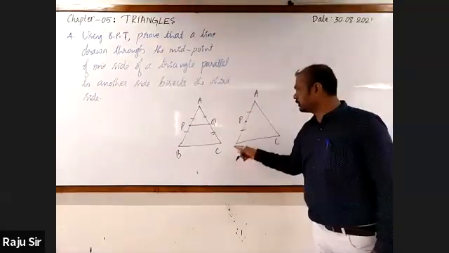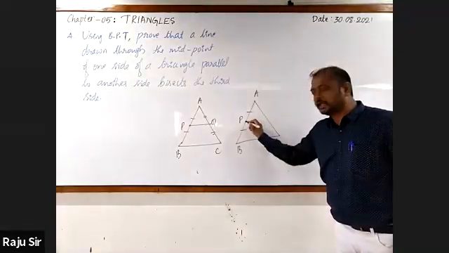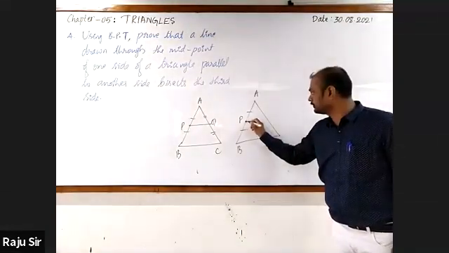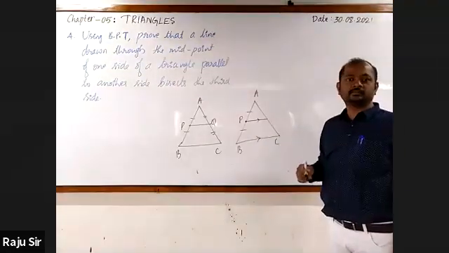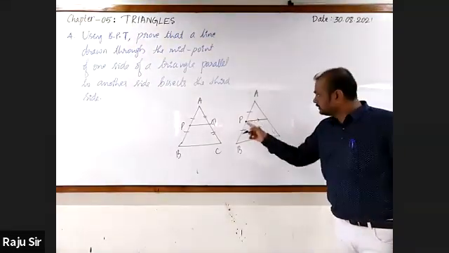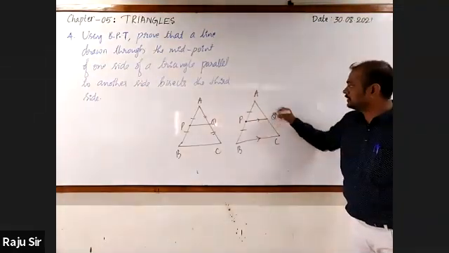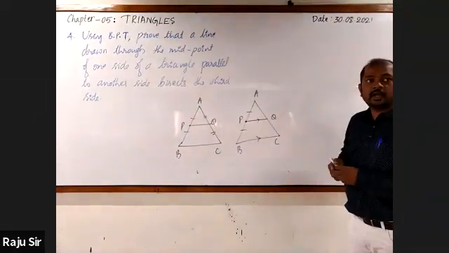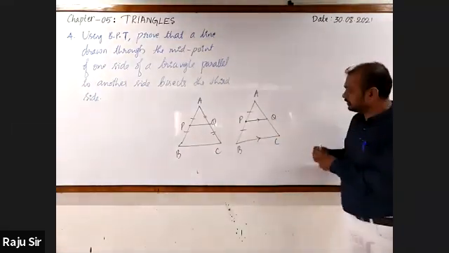So AP equal to BP. Now I am going to draw a line from this midpoint such that it is parallel to another side. And this will intersect the third side AC. And this third side is bisected. Could you tell what it is?